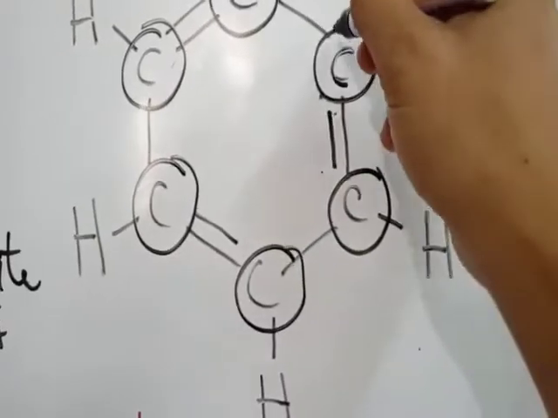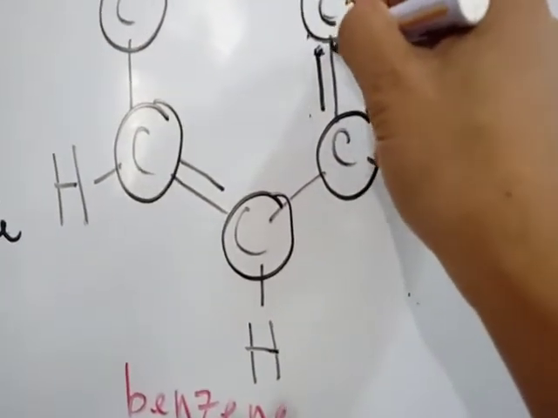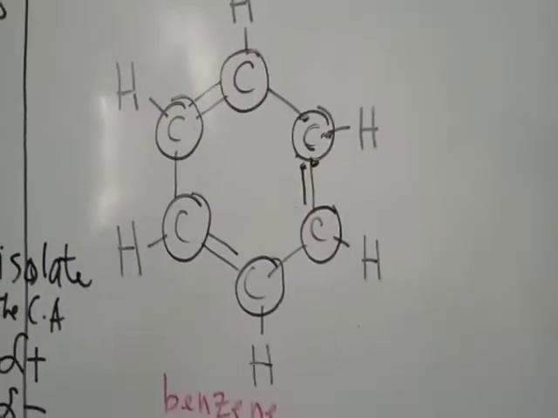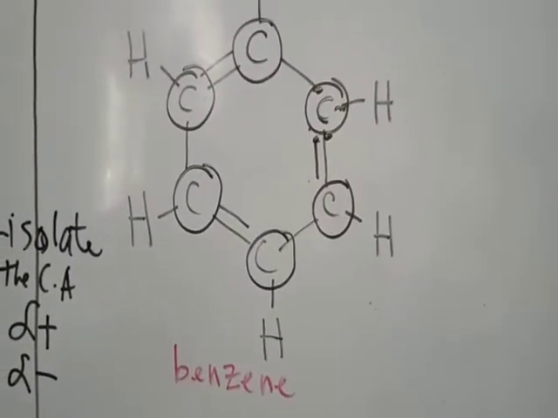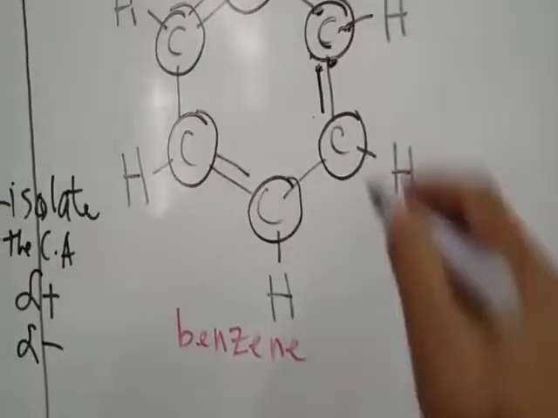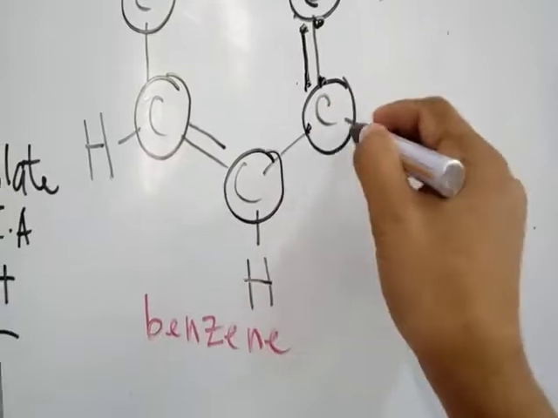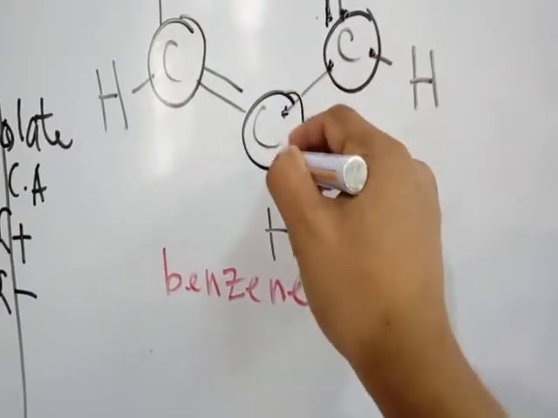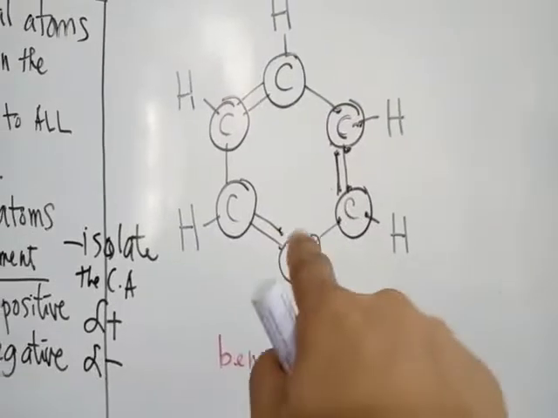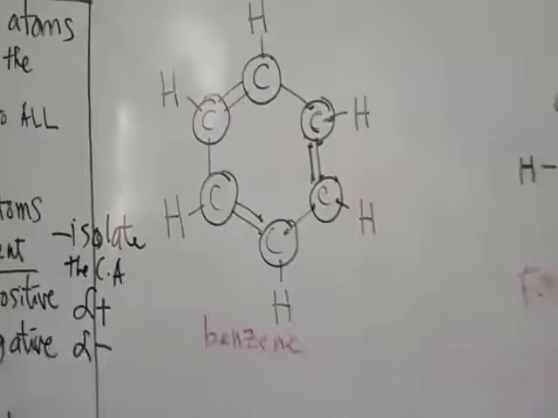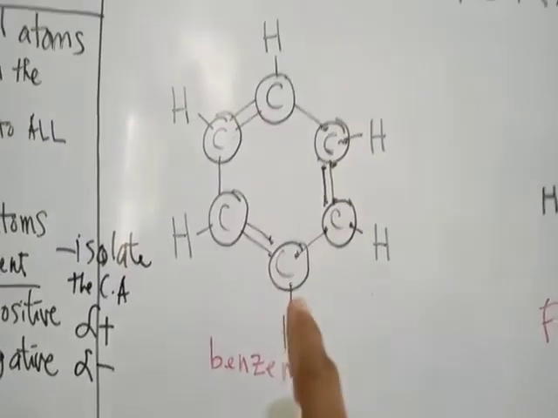For carbon, there are 4, so this is 1, 2, 3, 4, which means you don't have electrons anymore to be used as lone pairs because they are utilized in the formation of covalent bonds. So 4, 4, 4, 4. If carbon has 4 hands, it means that carbon doesn't have lone pairs anymore.